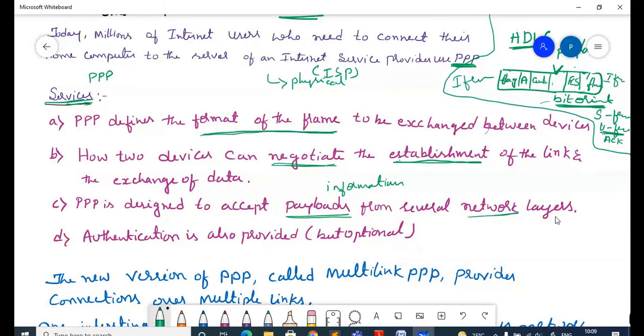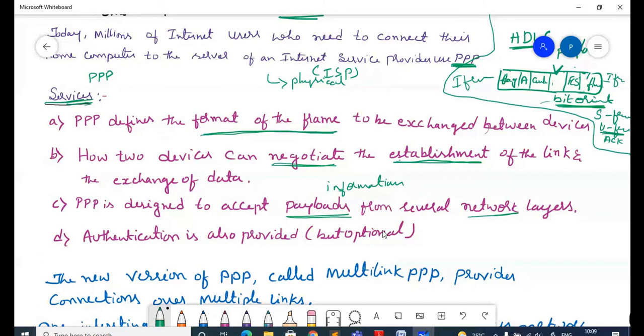Then authentication is also provided, but it is optional. Authentication means it should have some identity. Normally, how does authentication take place if you want to log into your Gmail? It will ask for the email ID and the password. Similarly, here also point-to-point protocol takes care of authentication, and this is optional.